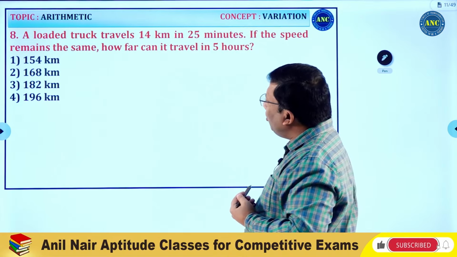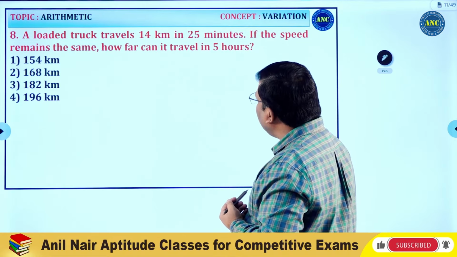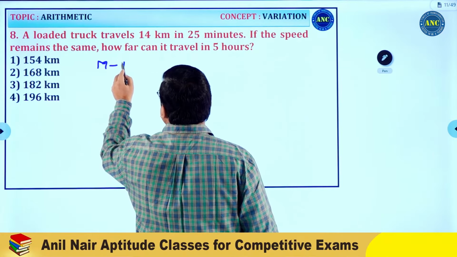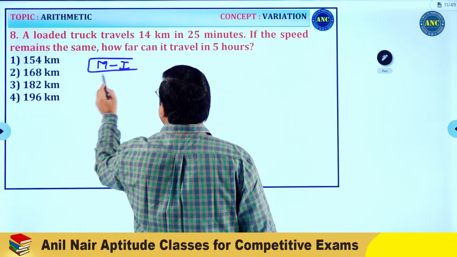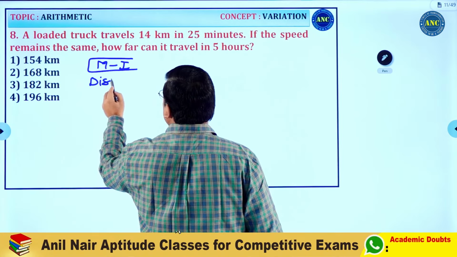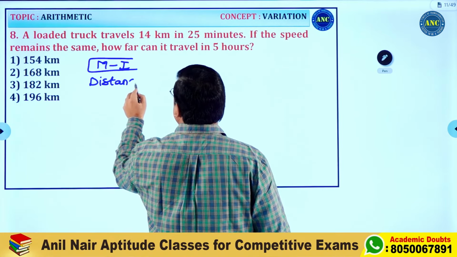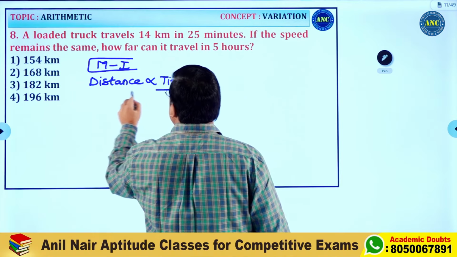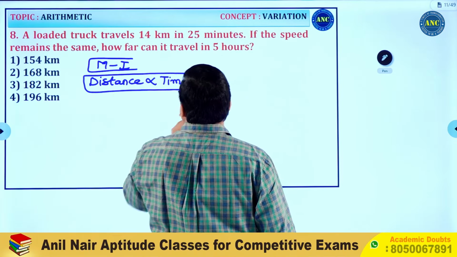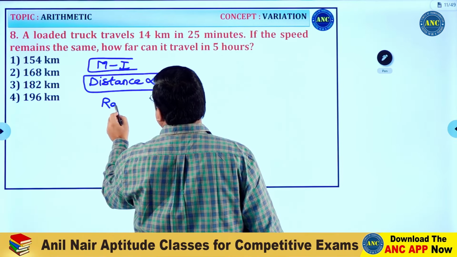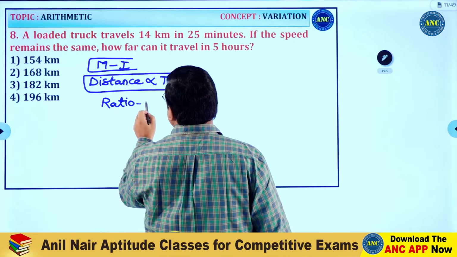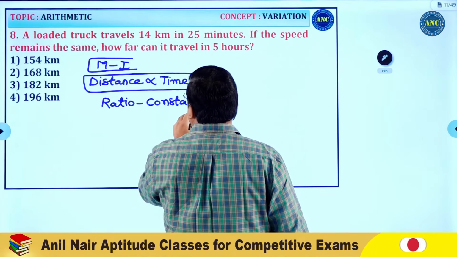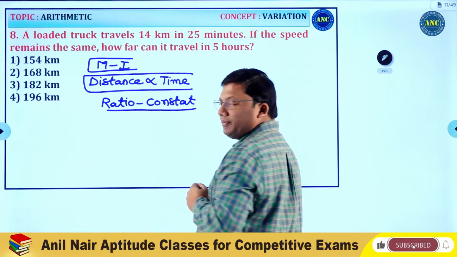Eighth one, a loaded truck travels 14 kilometers in 25 minutes. Method 1: distance and time are directly proportional to each other. That means the ratio of distance to time is constant.